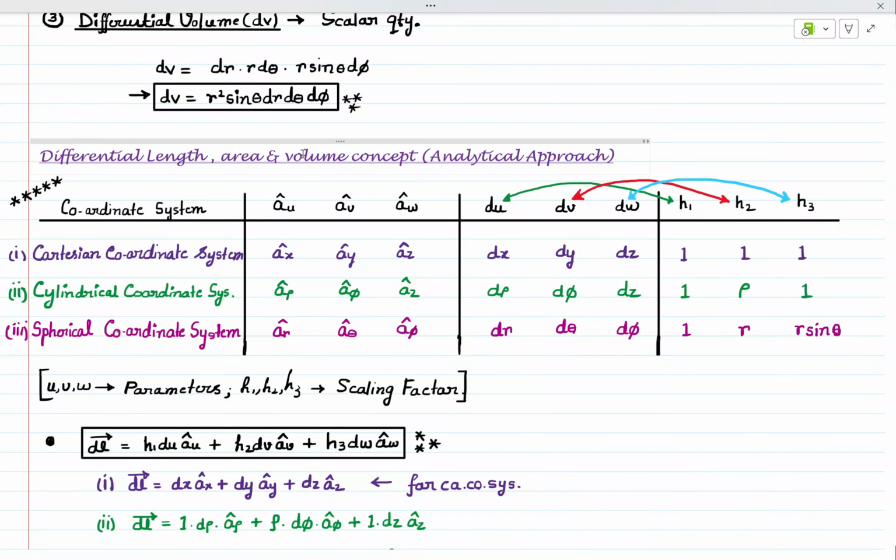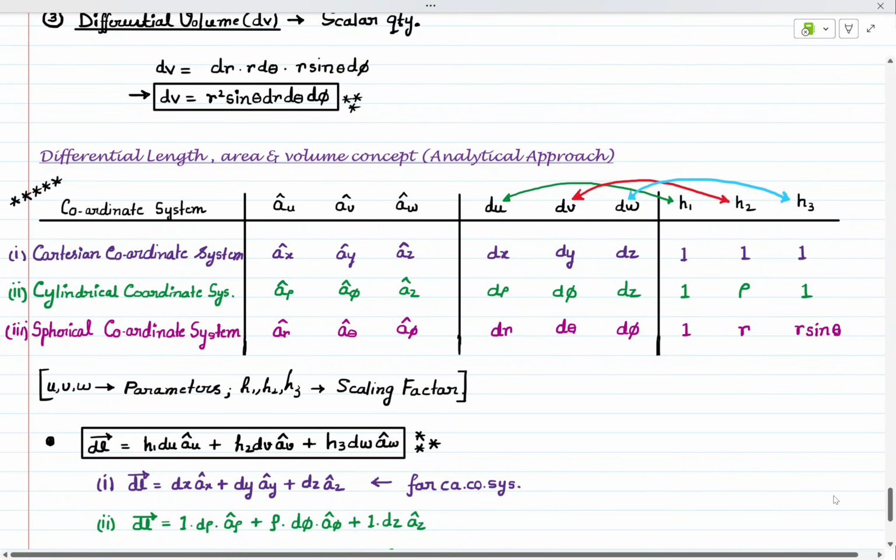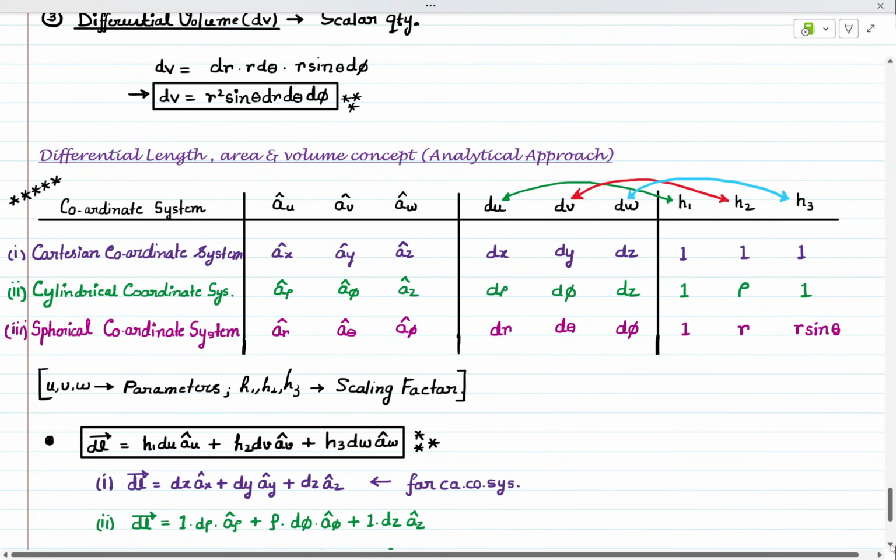That I have told you earlier, in almost each coordinate system when I taught them.